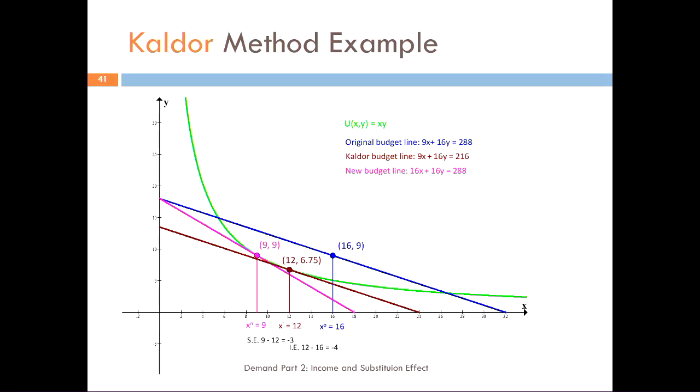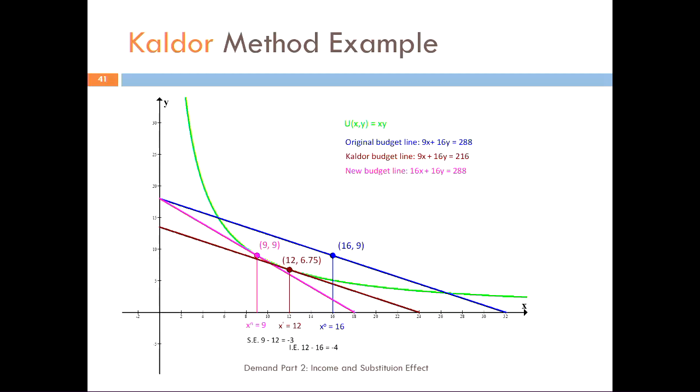So we can see the substitution effect here, right? The income effect is going from the original coin demand of 16 to the hypothetical coin demand of 12, because that's just a parallel shift in the budget line, so that's an income effect. So the decrease from 16 to 12, minus 4, that's the income effect.